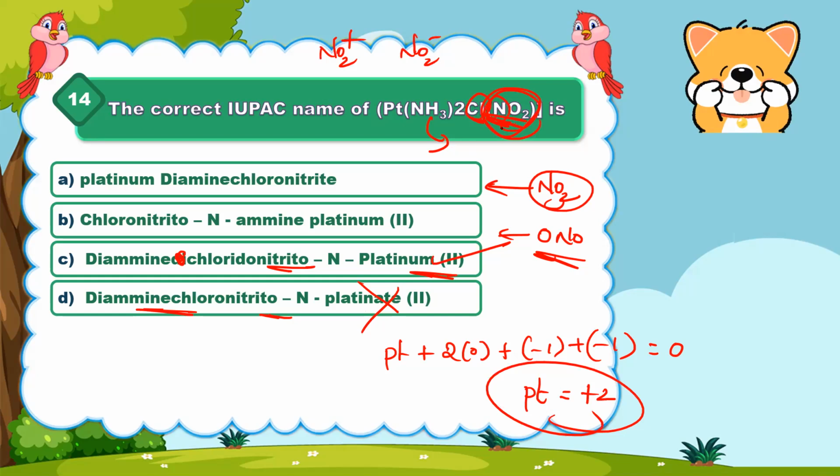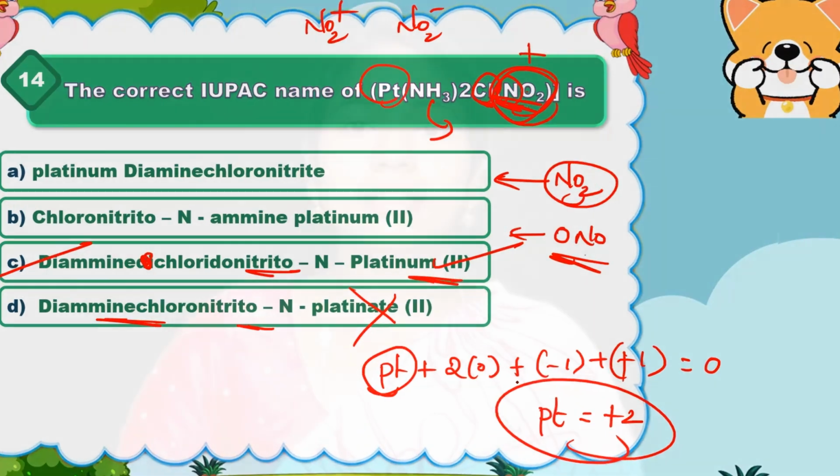For example, if you consider NO2 as a +1 ligand here, then platinum gets a 0 charge, whereas platinum exists in +2 as well as +4. These are the more stable states. That's why we need to consider NO2 as a negatively charged ligand. Diammine chlorido nitrito-N platinum(II) is the correct name of the complex.